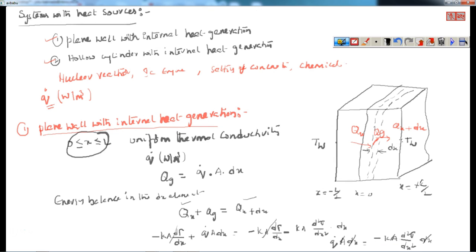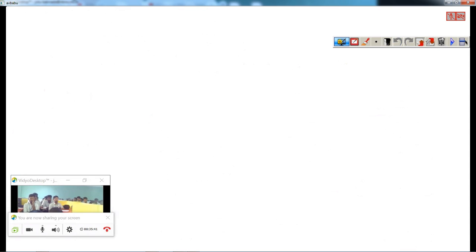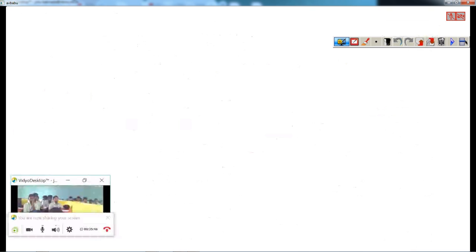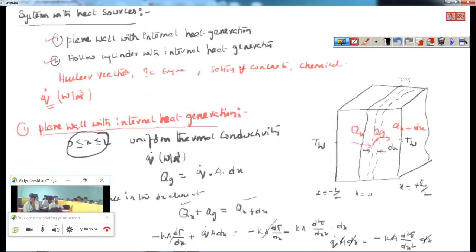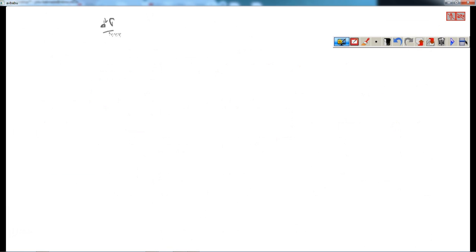Now this turns out to be d square T by dx square into k plus q dot k is equal to 0.